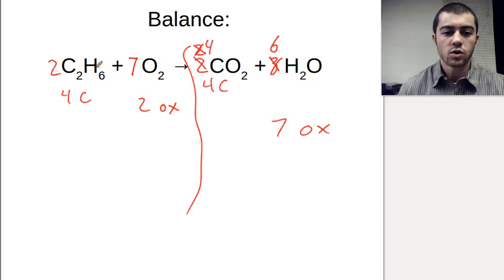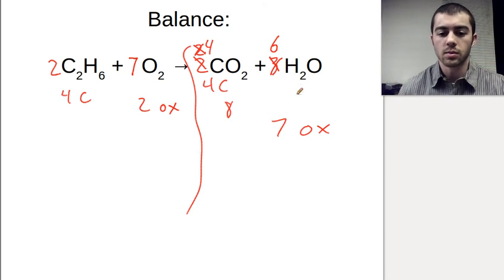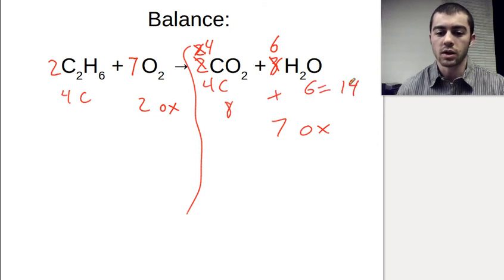We would have 12 hydrogens and 12 hydrogens, and then we would have 14 oxygens and 8, because 4 times 2 plus 6 times 1 would be 6, so 8 plus 6 would give us 14 oxygens. Honestly, if you can do the fraction method, that's really the way to do it. But if you can't, then you can use the common multiple idea, and then you just kind of have to correct for the other elements that you may have thrown off by doing that.